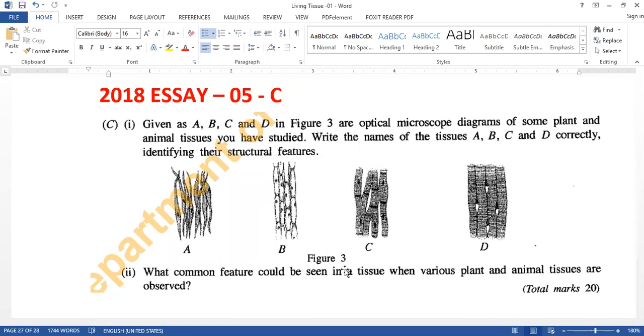That is the problem of scheme. So they have to give what common feature could be seen in the above tissues. That could be the answer.